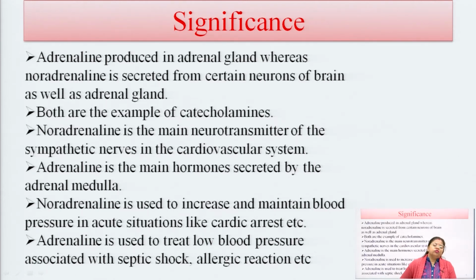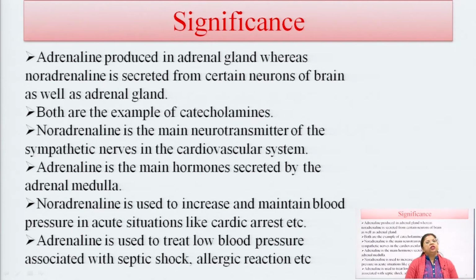So in that situation, if there is any problem in the cardiovascular system, noradrenaline is generally used for increasing or maintaining blood pressure, and adrenaline is generally used to treat low blood pressure. Adrenaline works to increase blood pressure. It gives pressure or tension to the blood so that it can flow at a fast rate, and it increases blood pressure associated with septic shock.